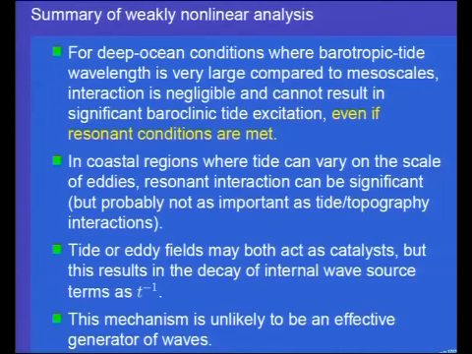And so I'll just give you a summary of this weakly nonlinear analysis, and with applications to the ocean. For the deep ocean conditions, the barotropic tide horizontal scale is very large. And therefore, as I showed, even if resonance conditions are met, this interaction will be negligible.